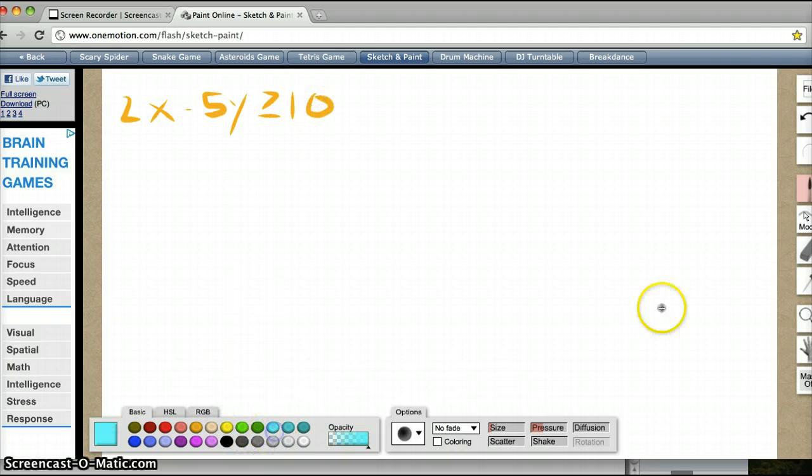Okay, so let's go ahead and draw our graph. So 0, 1, 2, 3, 4, 5. 1, 2, 3, 4, 5. And negative 1, negative 2, negative 3, negative 4, and negative 5.